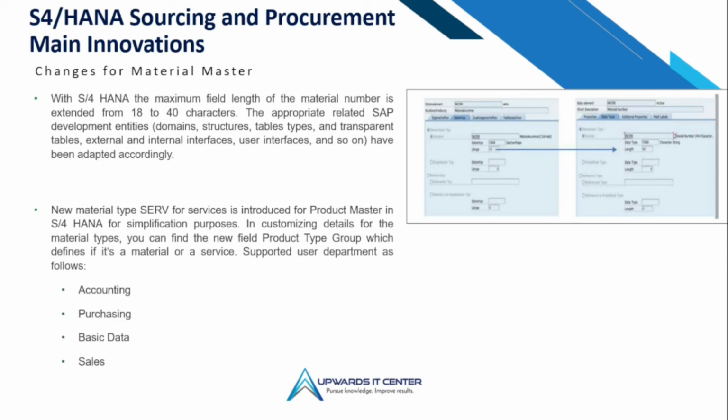So for this new material type for services, you have only the departments that you are used to use for materials, because you don't need to use all these departments. SAP is giving you only the necessary departments to simplify. If you want to use, it's a new option.